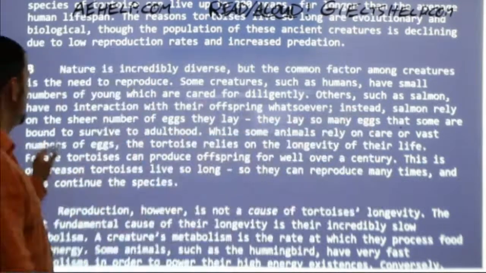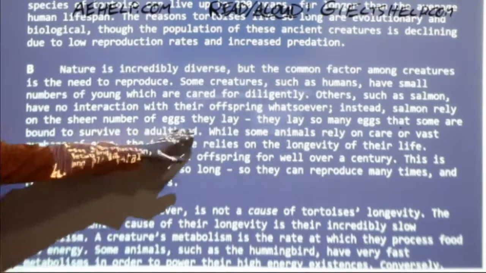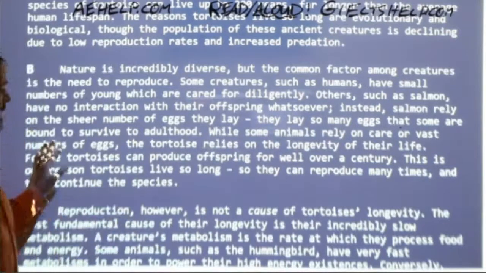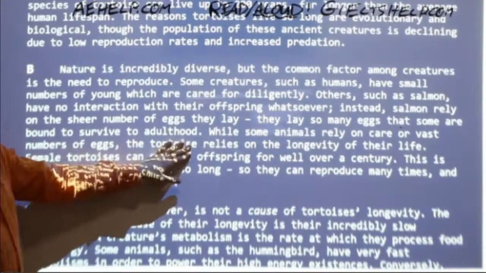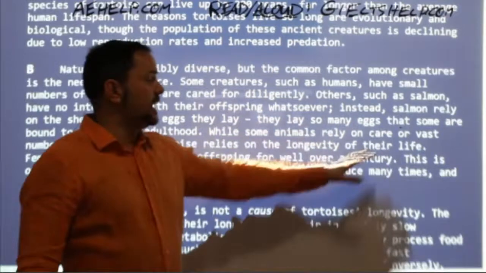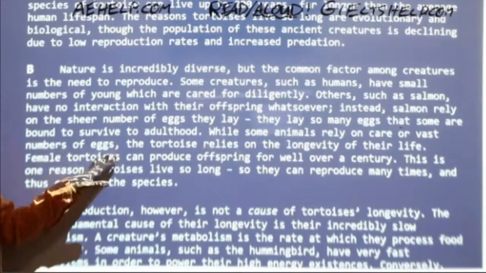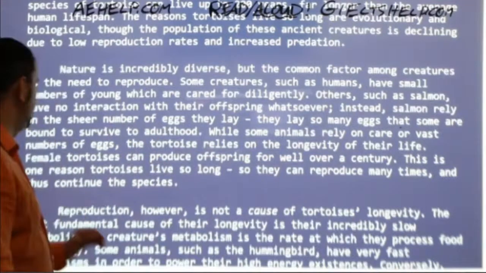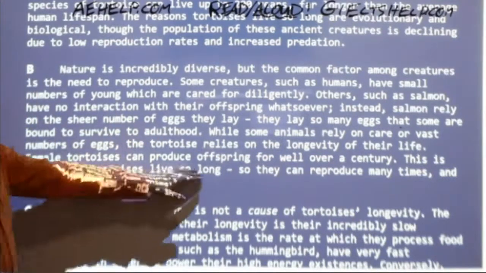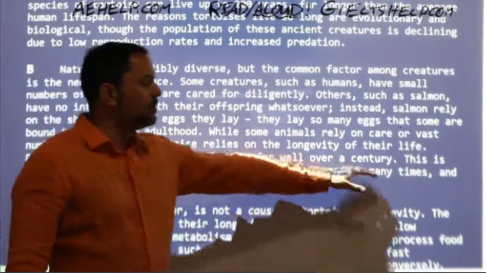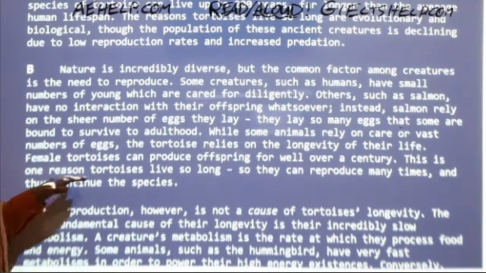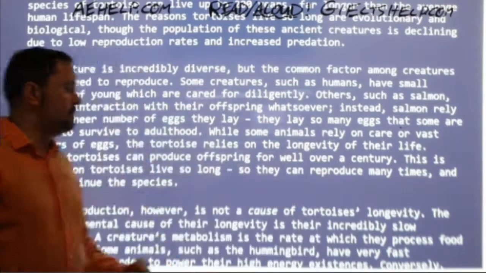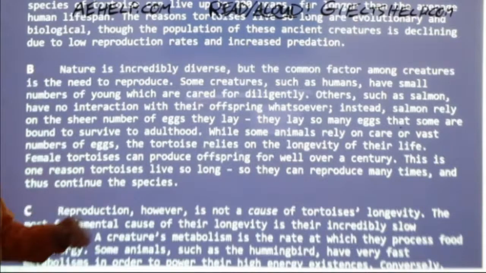Instead, salmon rely on the sheer number of eggs they lay. They lay so many eggs that some are bound to survive to adulthood. While some animals rely on care and vast numbers of eggs, the tortoise relies on the longevity of their life. Female tortoises can produce offspring for well over a century. This is one reason tortoises live so long, so they can reproduce many times and thus continue the species.